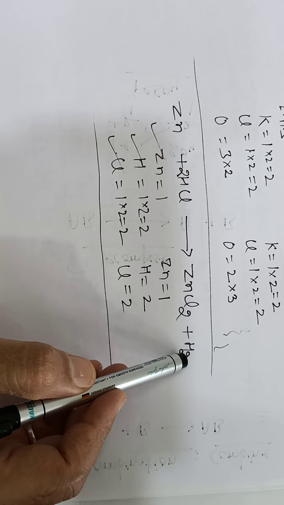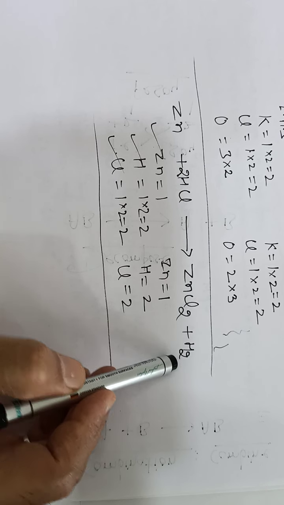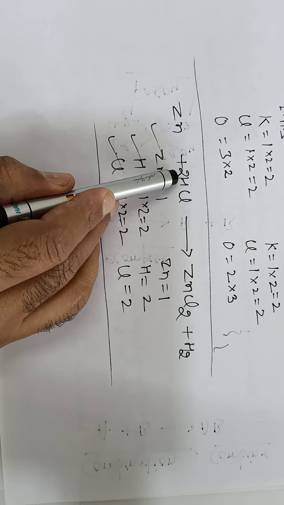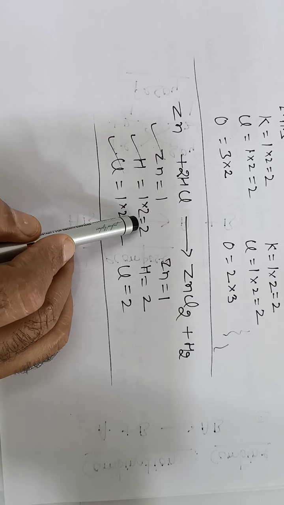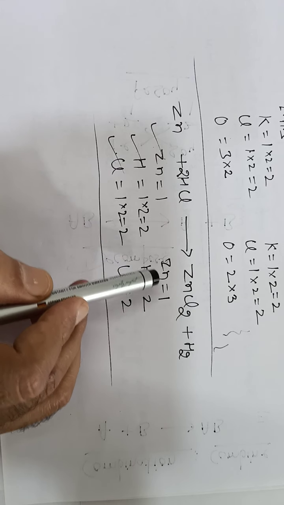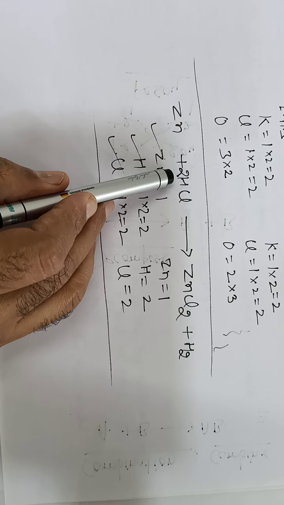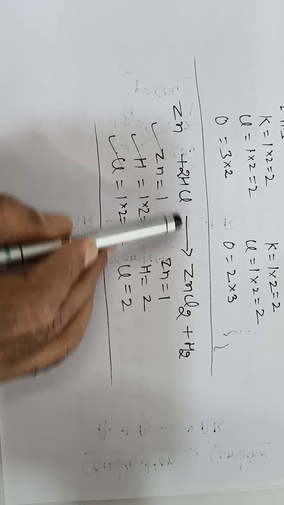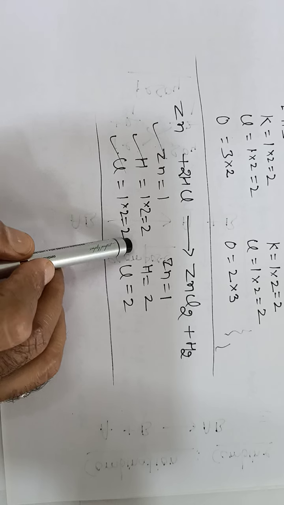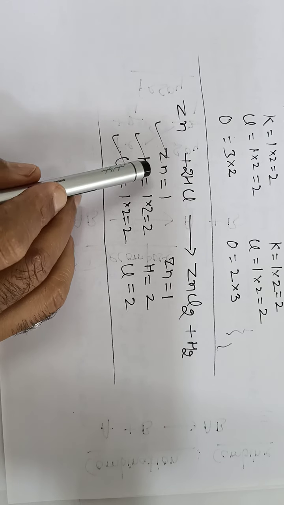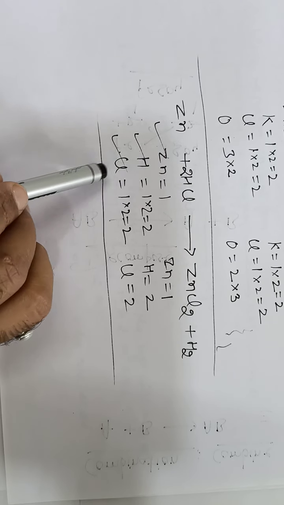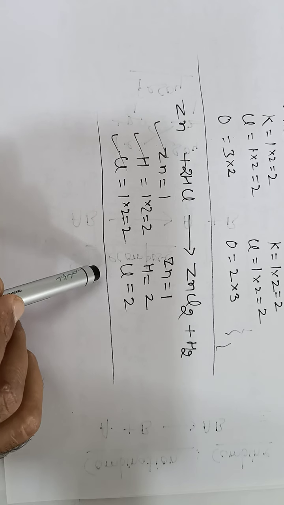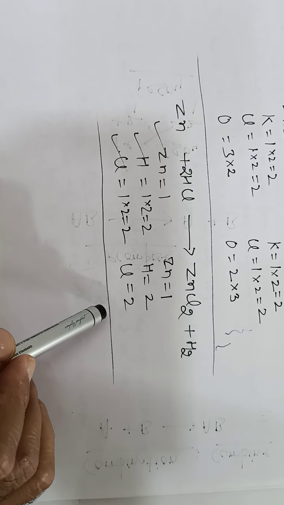To balance the hydrogen, here is 2, it is multiplied by 2 on the left hand side. To balance the chlorine, we can already see the chlorine is 2 here, now the 2 here, it is also balanced. Now zinc, hydrogen and chlorine on both sides are equal. It is called the balanced chemical equation.